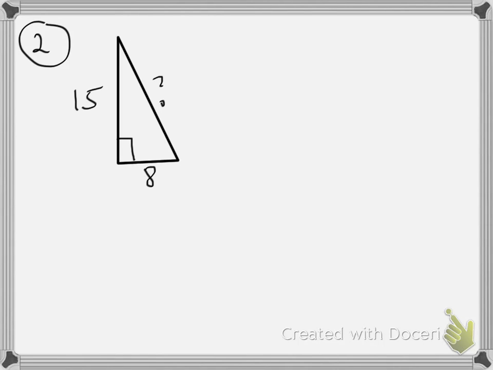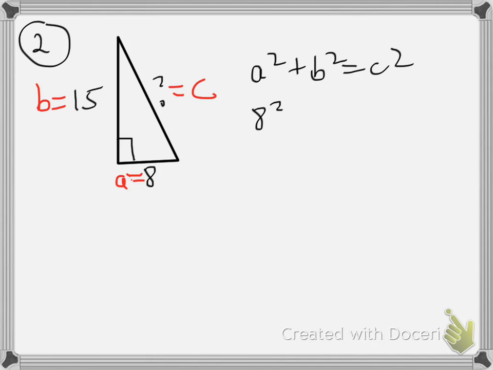So let's call this C. So this is A and this is B, and we know the Pythagorean theorem already. So we're going to go a squared plus b squared equals c squared. So that means 8 squared plus 15 squared equals c squared. If you actually recognize this is a Pythagorean triple, 8, 15, oh, the longest side is 17.